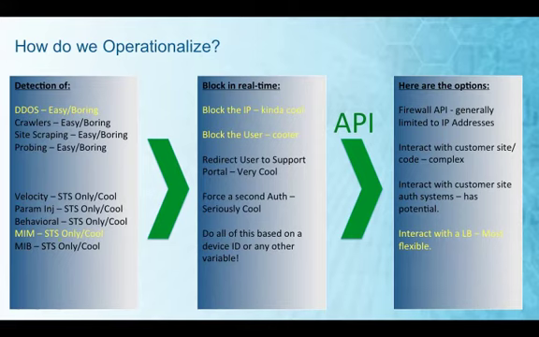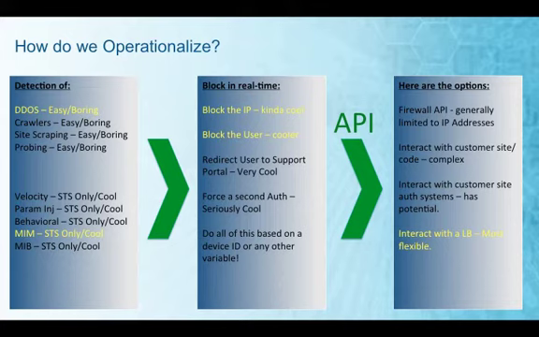So how do we actually get it actionable? And this is where we're going to lean on third-party solutions, generally via APIs. In this case, we're going to instantiate some SOAP calls into F5 to get things done. So, what are the options? Today we can work with firewall APIs. Generally, we tend to have solutions that are limited by IP addressing. Some of the more interesting next-gen type players may offer a little more than that. We can interact with the customer sites or the customer code, which tends to get a little more complicated and time-consuming.